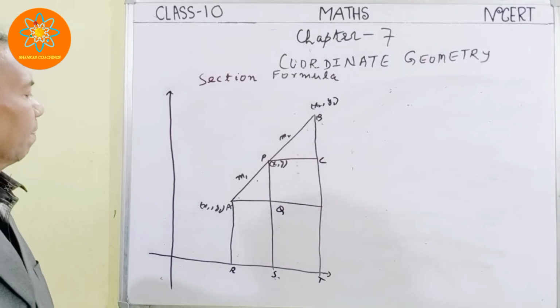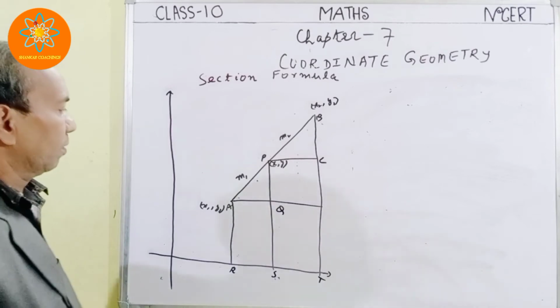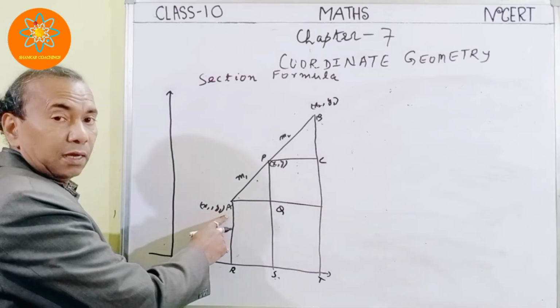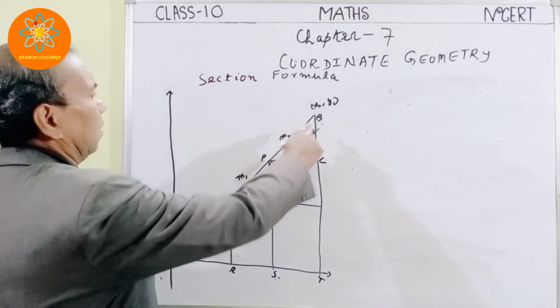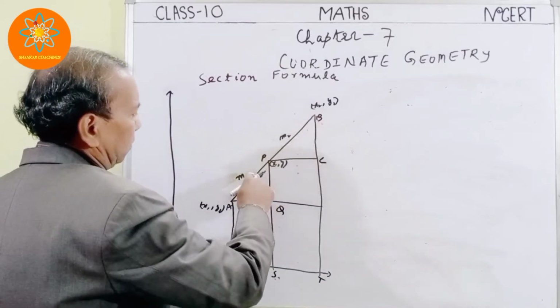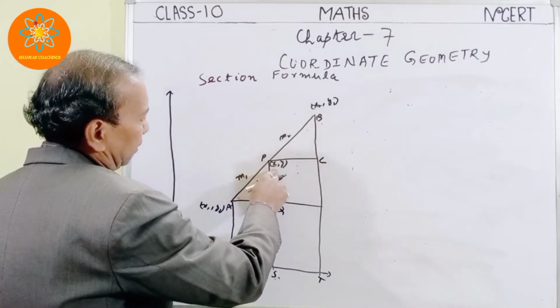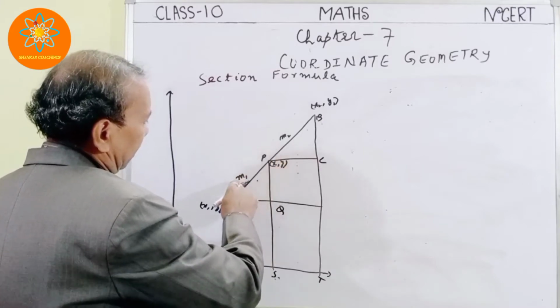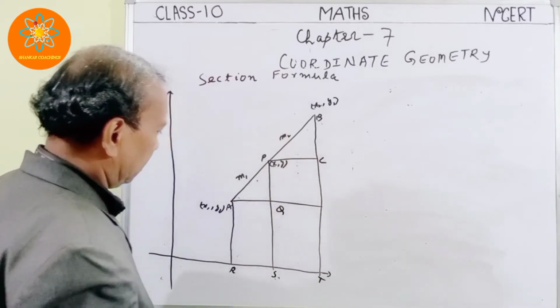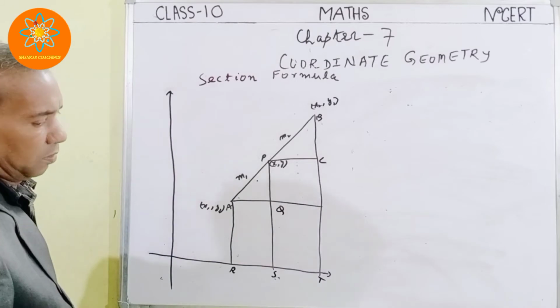It is given A (x1, y1), B (x2, y2), and a point P (x, y) with ratio m1 and m2. These are given.